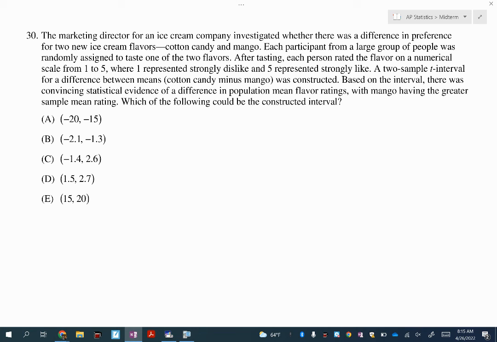All right, we have a 2-sample T interval for a difference in means, and they're going cotton candy minus mango. So we're doing the average of cotton candy minus the average for mango. They're talking about different flavors for ice cream.